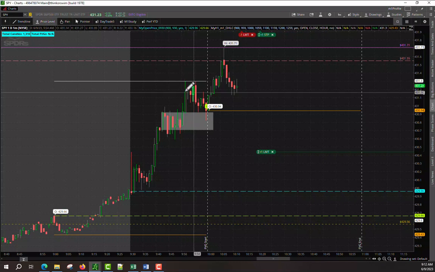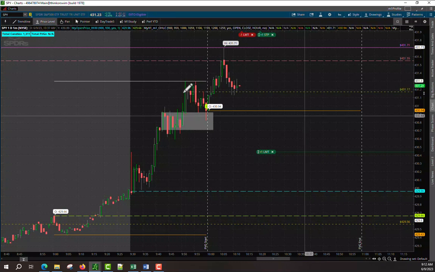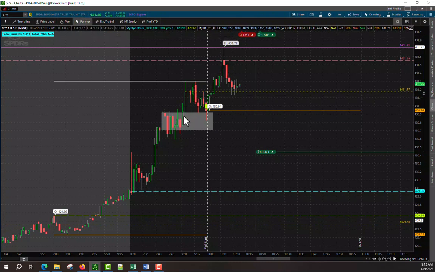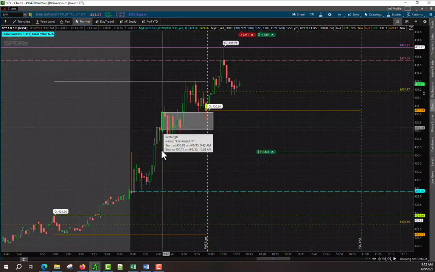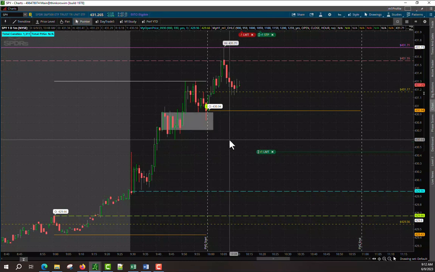Very interesting. So we want it to close below that guy. So this candle 42, 942.